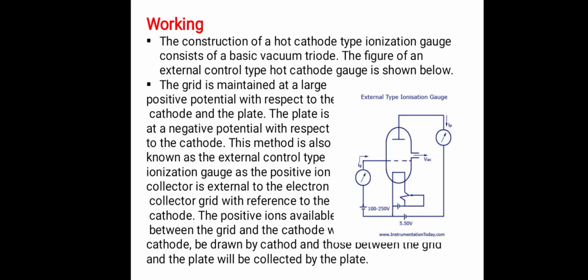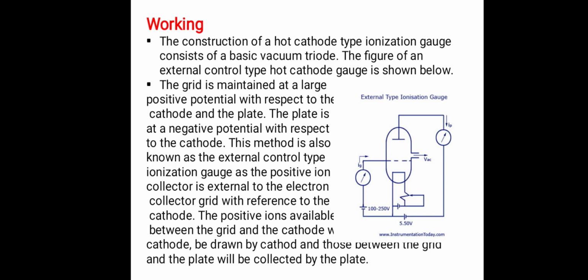See here, working. The construction of a hot cathode type ionization gauge consists of a basic vacuum triode. See here the figure of an external control type hot cathode gauge shown below.